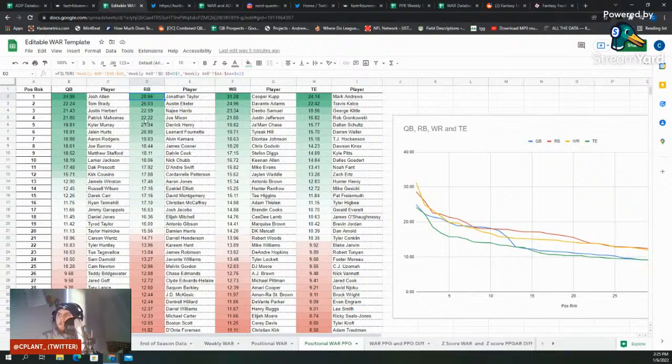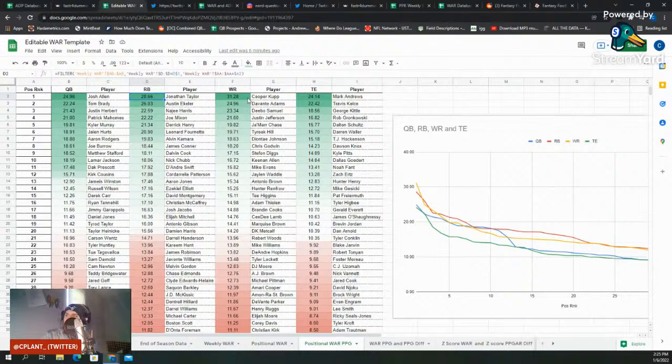Not every running back is going to be in this top section, right? But it's almost as if people are drafting them as if they are going to be, without taking into account that a lot of those picks are going to be wrong. Kind of same with receiver, but it's okay because you can get receivers a little bit later.